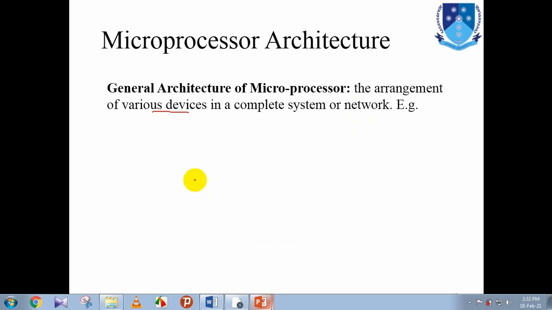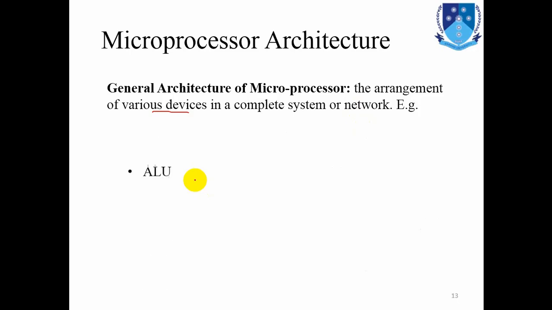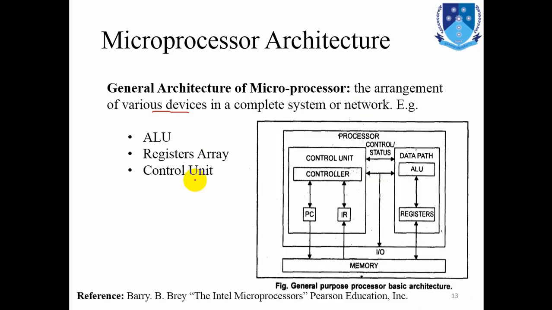The basic or general architecture of a microprocessor is shown over here. Here we can define the general architecture of any device or system as the arrangement of various devices or components in a complete system or a network.